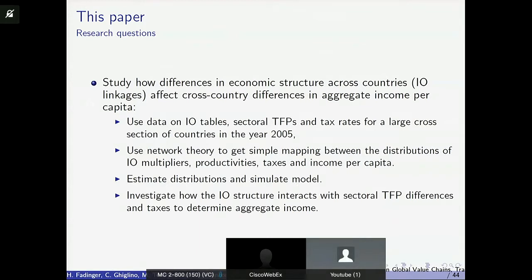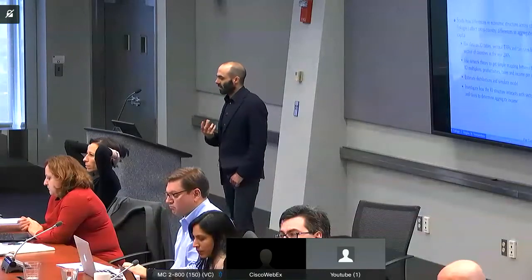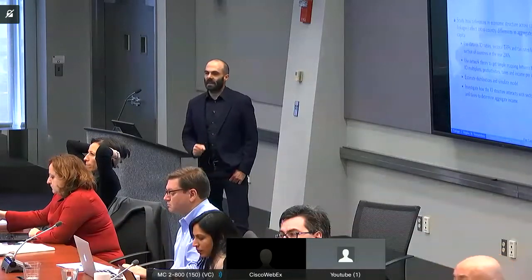Then we use network theory to get a simple mapping between the distribution of these I/O multipliers, which summarize the structure of the input-output network, the sectoral productivities, and the tax rates, and how these map into income per capita. We can actually get a closed-form solution for this mapping, and as I said, it depends on the distribution of these three things: I/O multipliers, productivities, and tax rates.